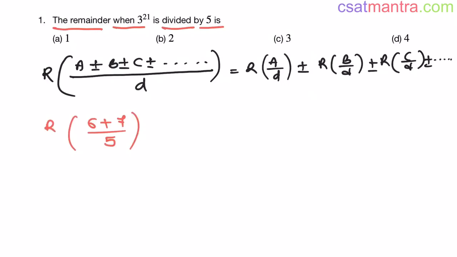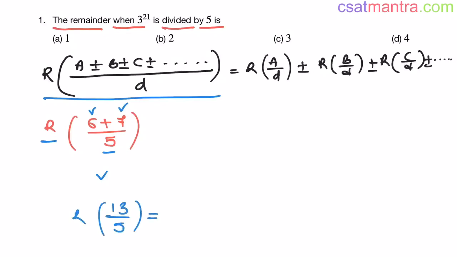Now let's see how we got this. Remainder of 6 plus 7 when divided by 5. This is the left hand side of this equation, my friends. 6 plus 7 is 13. 13 when divided by 5, what is the remainder? 3. 13 is equal to 5 into 2 plus 3. So on the left hand side we got the remainder as 3.